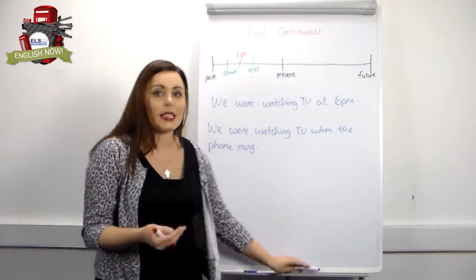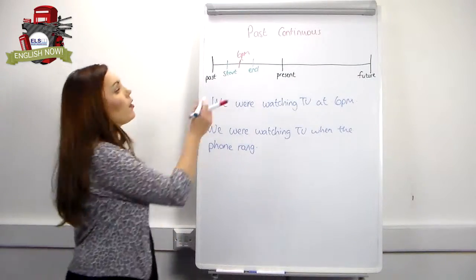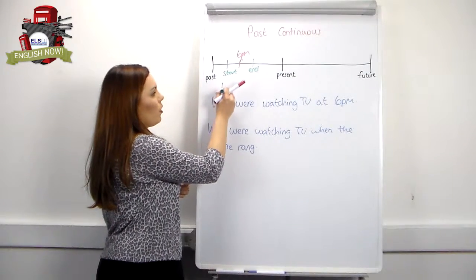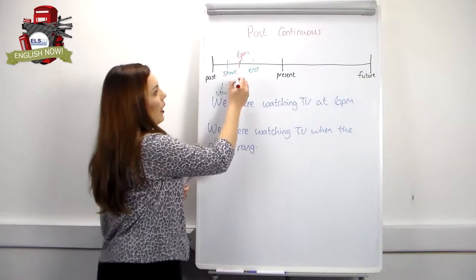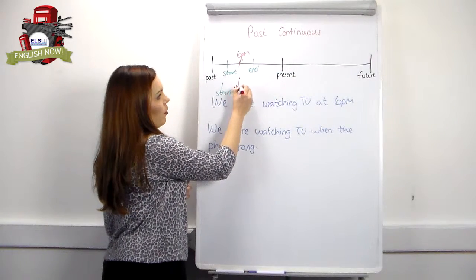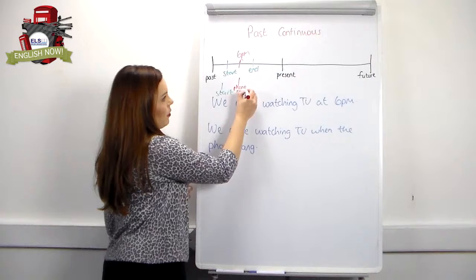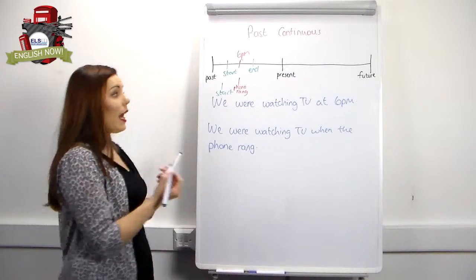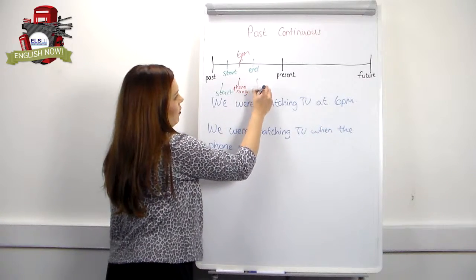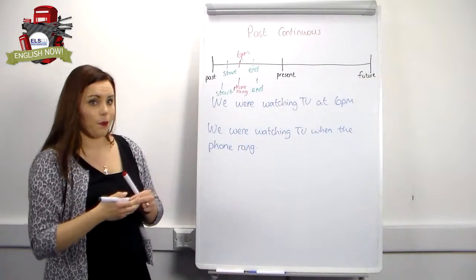We don't have any time. So, this is the start of our action. Here is where the phone rang. And we finished watching TV after. That's the end of our action.